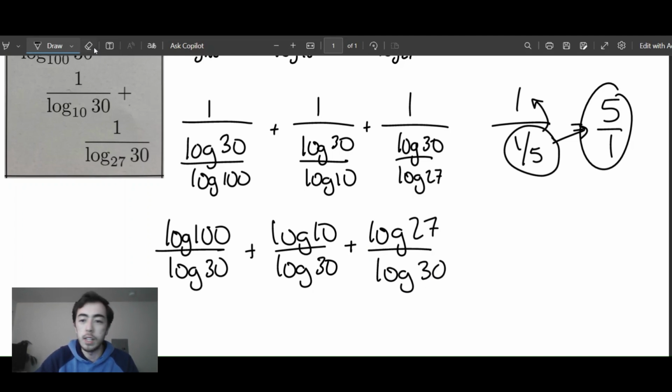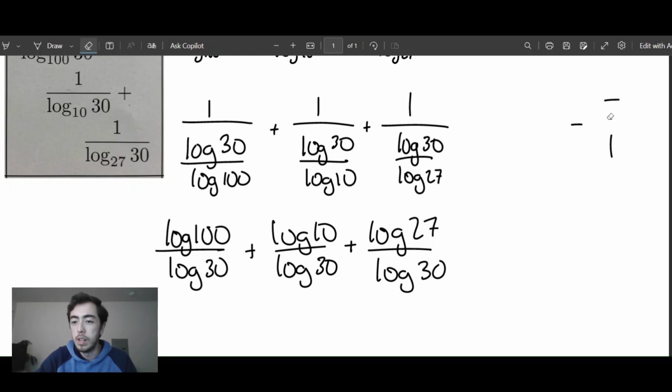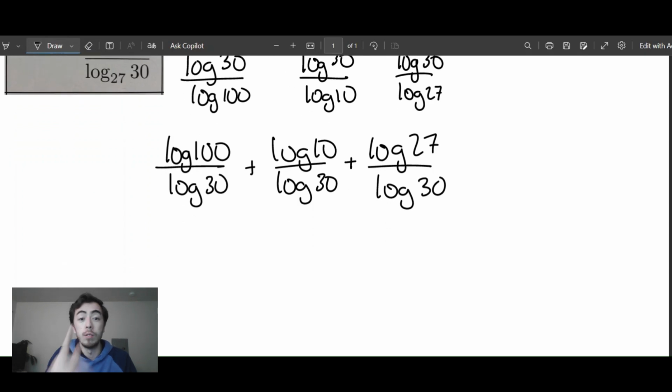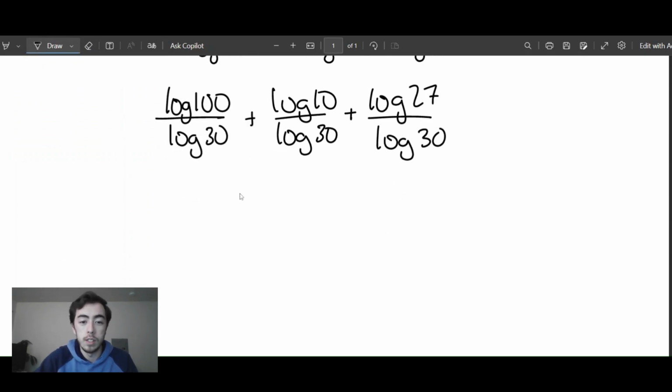And like I said, I can choose whatever base I want in the end. Let's just assume log base 10 for now, but then maybe I'll want a different base if it helps me out. So I said common denominator. So let's just shove all three of these fractions together because the denominator is the same number.